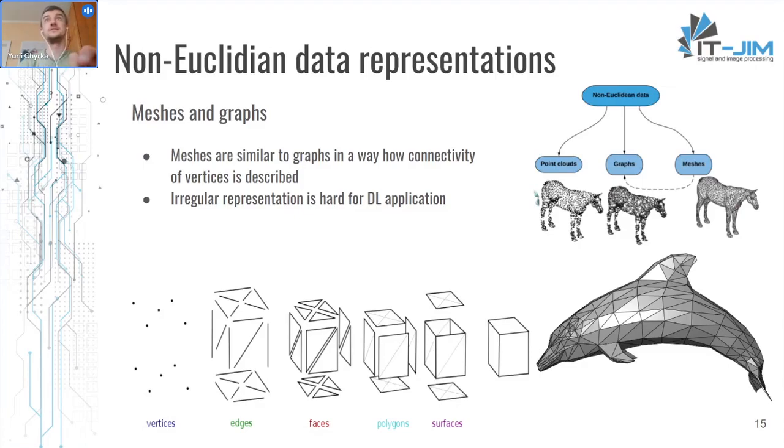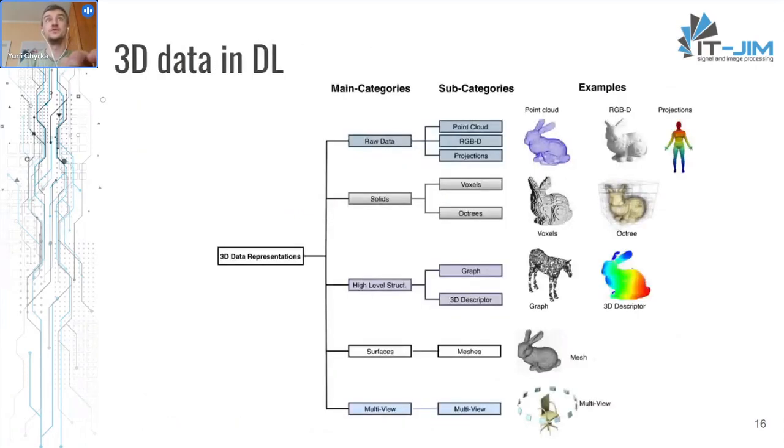And just another view on types of data representations, which can be divided into alternative categories, like raw data that are taken directly from sensors. Here we can see point clouds, RGB-D, and projections.